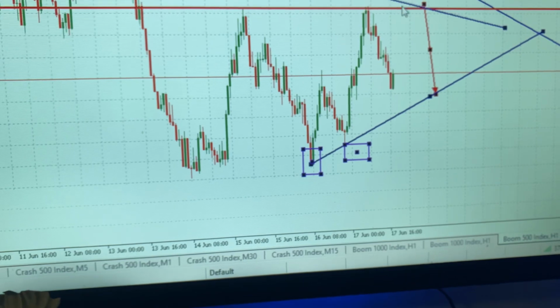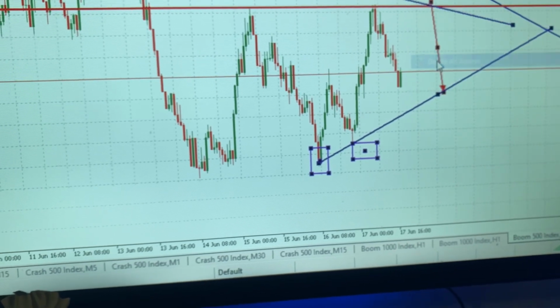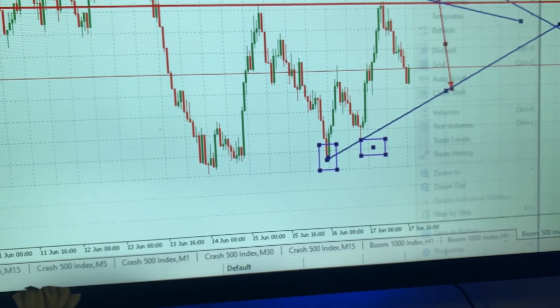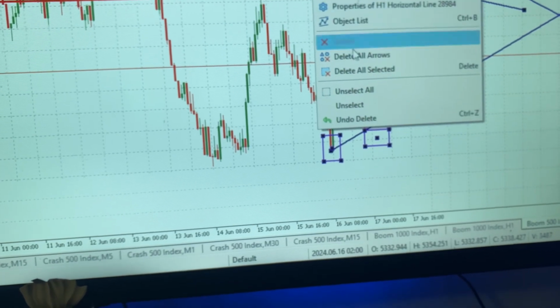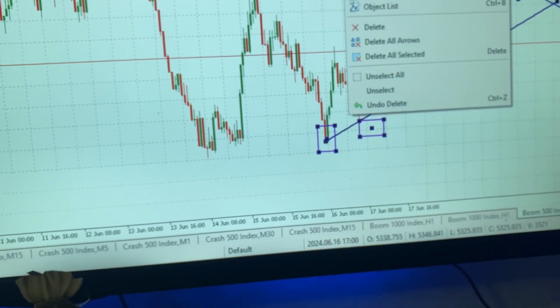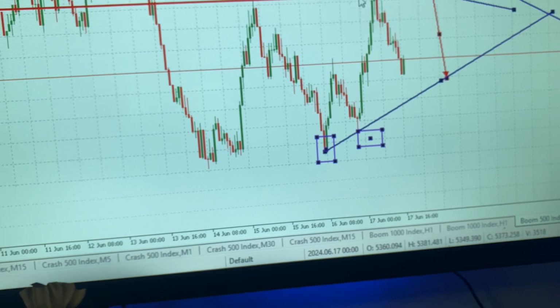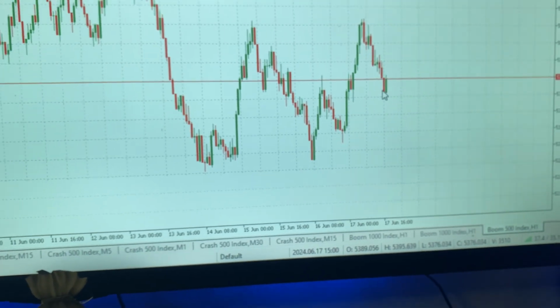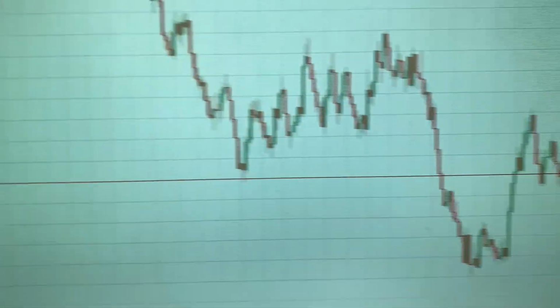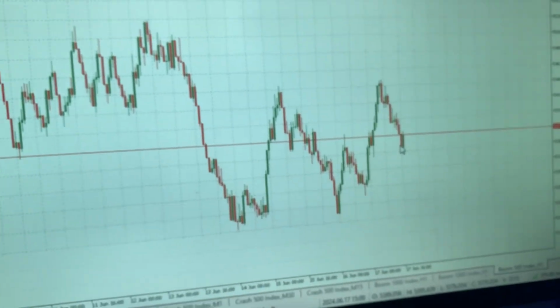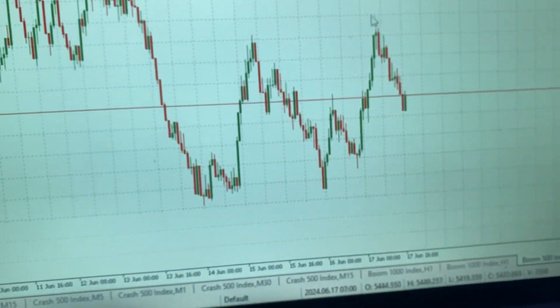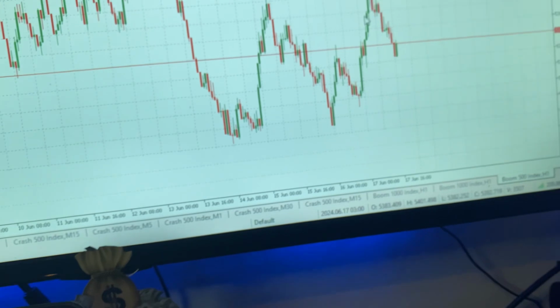All this was not available when we started off with this trade. So let me just remove all the arrows that we have on our charts. Okay, so we're going to start off from scratch. We just have this chart. Remember, all this had not yet happened.